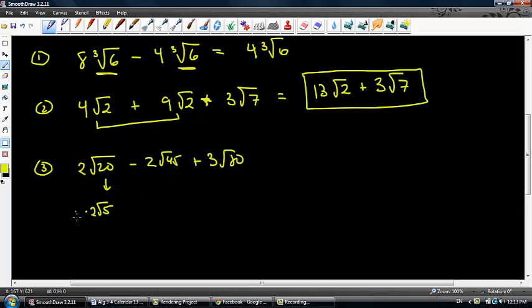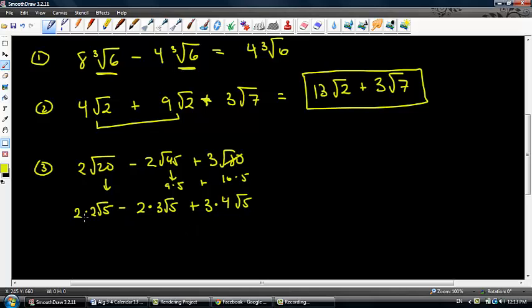Don't forget, that is times 2. Minus 2 times the square root of 45, which is 9 times 5. That is 3 rad 5. And then plus 80 is really 16 and 5. So that is plus 3 times the square root of 16, which is 4 rad 5.